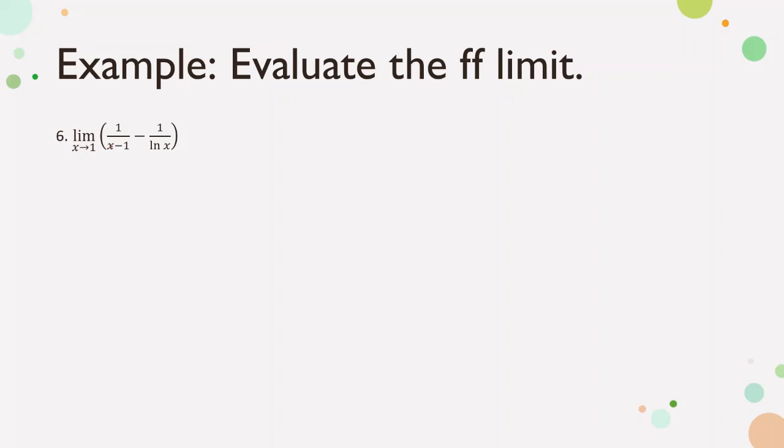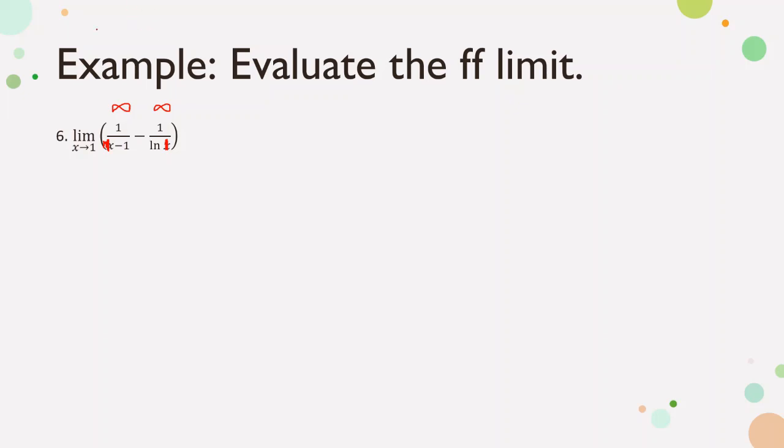Now if you try to substitute that here, this one is 1. Now 1 minus 1, that is automatically 0. 1 over 0 is undefined. So let's just have that as infinity. And ln of 1 is 0. So 1 over 0 is also infinity.